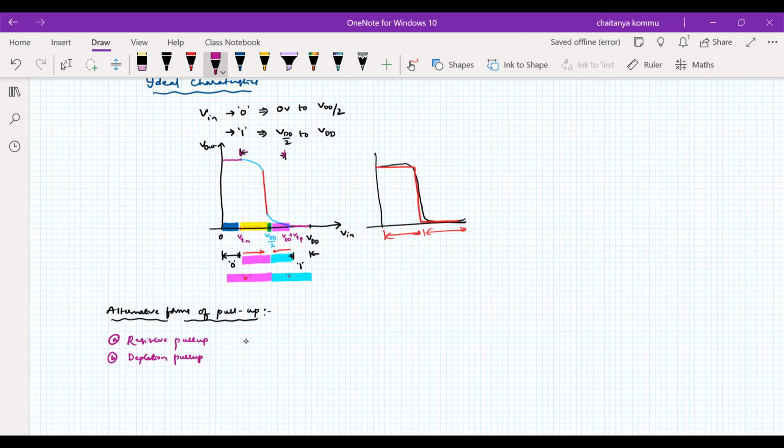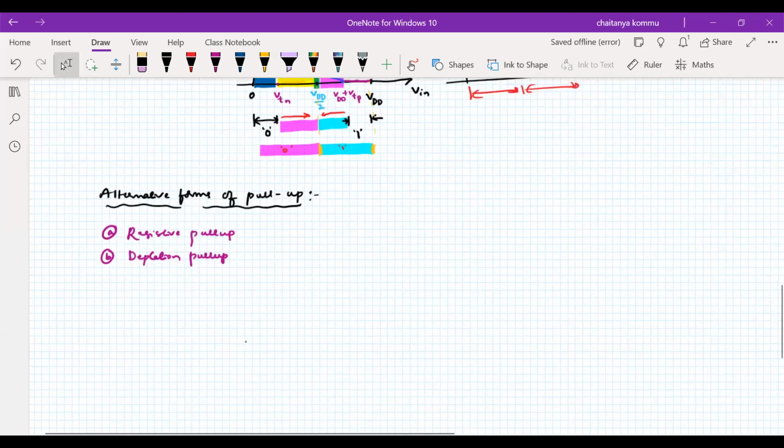Even if some noise is at the input side, it cannot affect the inverter operation. Similarly, if the logic 1 value is extended from VDD to VDD by 2, that means this is where I want to talk about. Suppose it is extended up to here, so that is what I have already written here. Suppose it is written from here to here, then it is possible. Something like this. So even if noise exists for the logic 1 value, it does not affect the inverter operation.